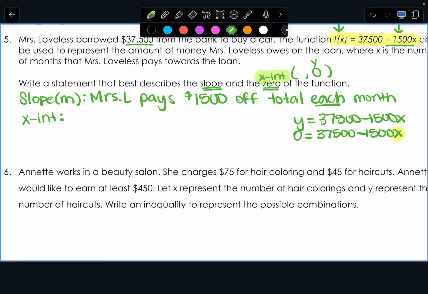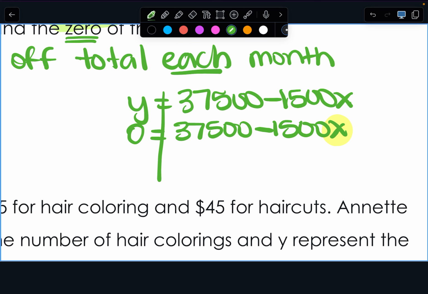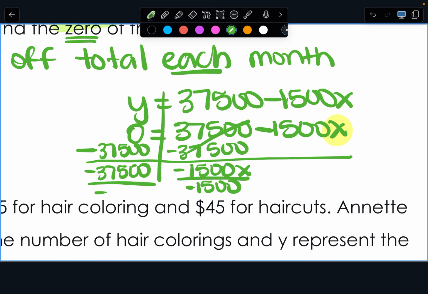To solve for x, what step would I take? You subtract 37,500, and then you divide by negative 1,500.